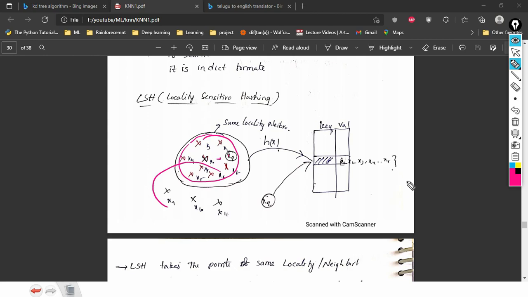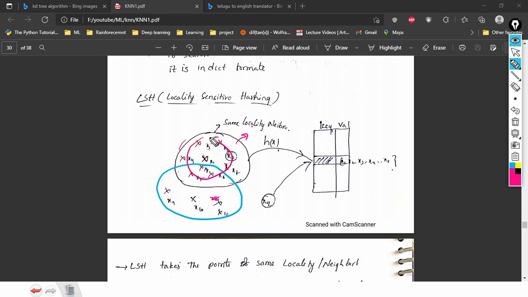If we have another region like this and you give a query point, it will only look in this region, it won't go to the other region. That means we are considering fewer points, and by using this we will get early results. That is the basic thing.